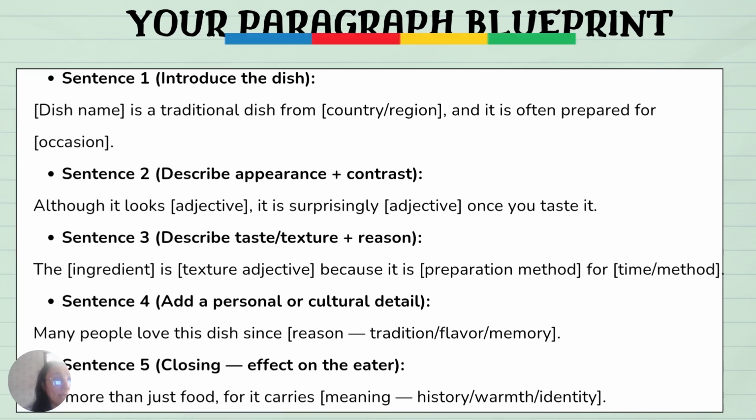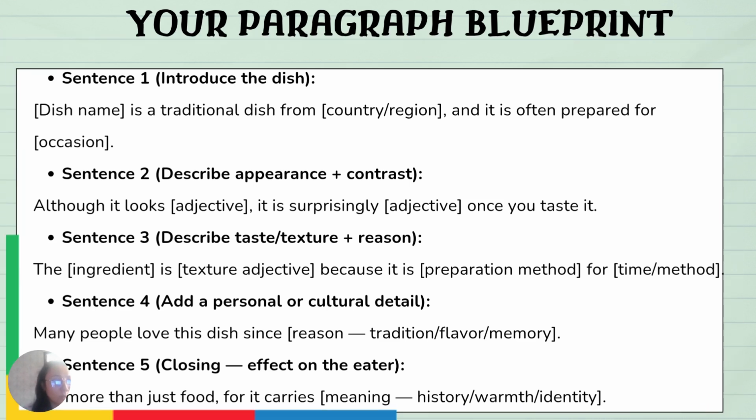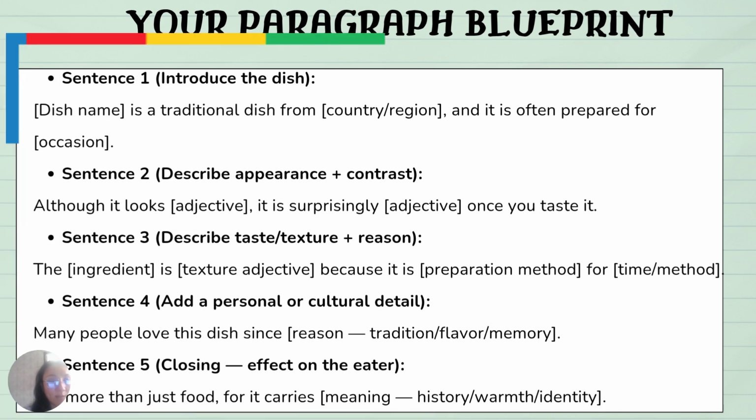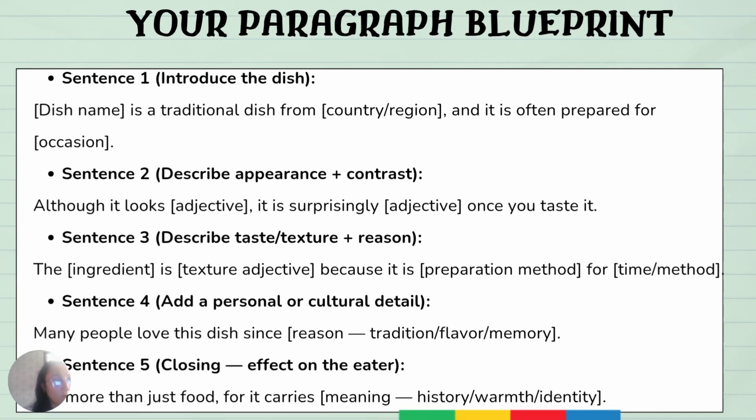So the ingredient, put the ingredients, is texture, give a texture adjective, like velvety, flaky, because it is slow cooked. For example, for preparation method you should use time and method at the end.